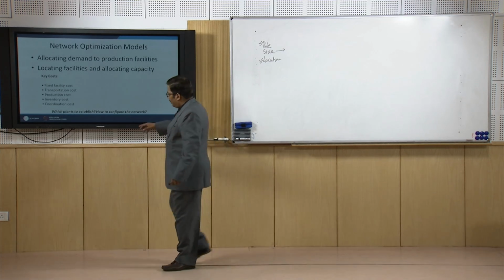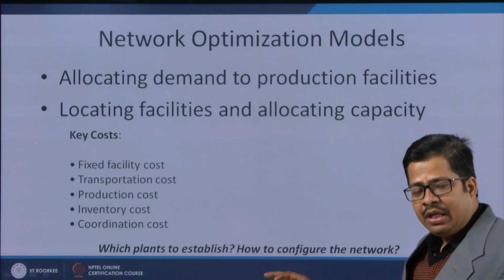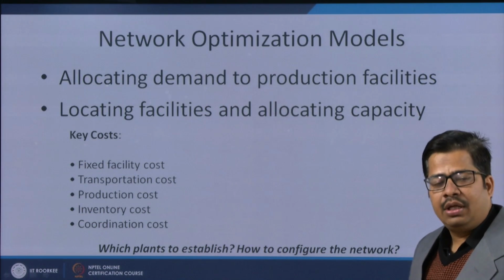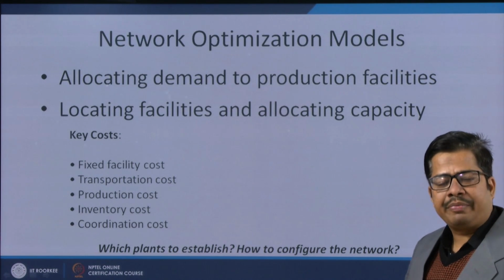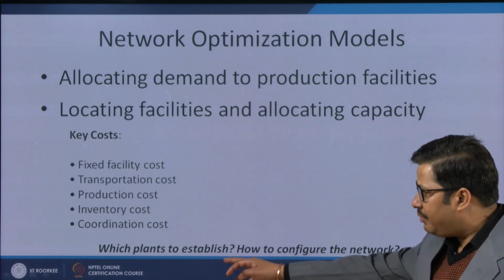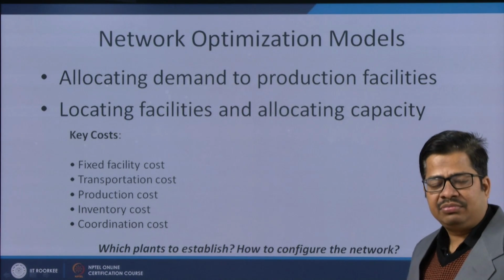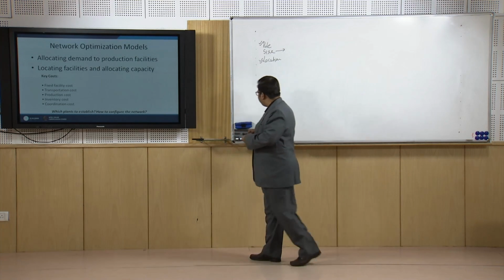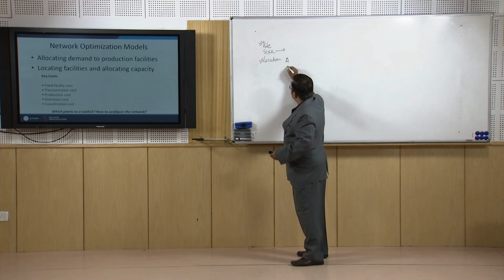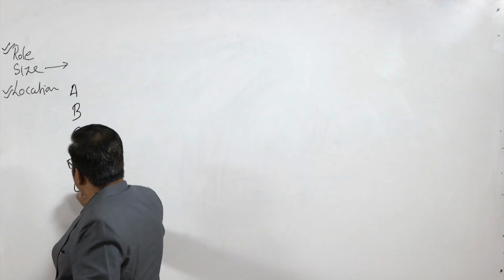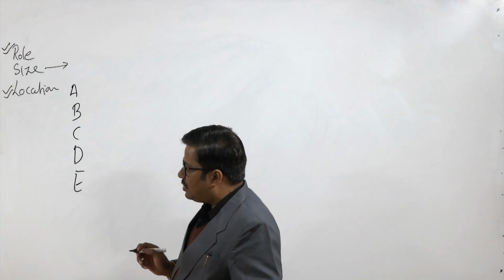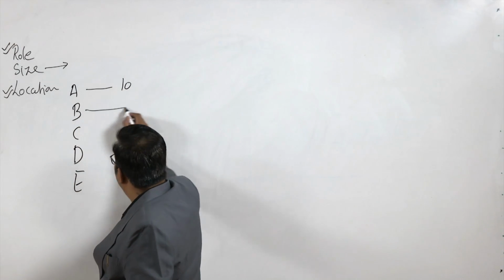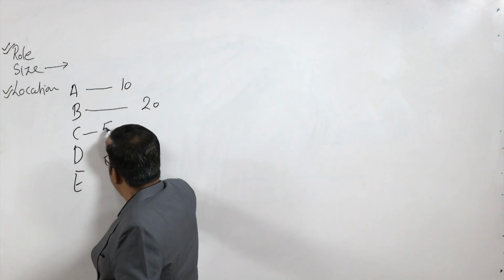Now the question in front of you is that you have 4-5 locations in your radar and you need to decide which plants to establish. Say you want to establish A, B, C, D, E, these 5 locations, and out of these you can make 10 units here, 20 here, 5 units here.